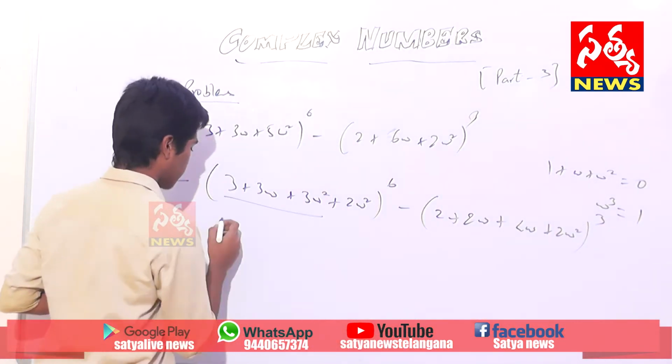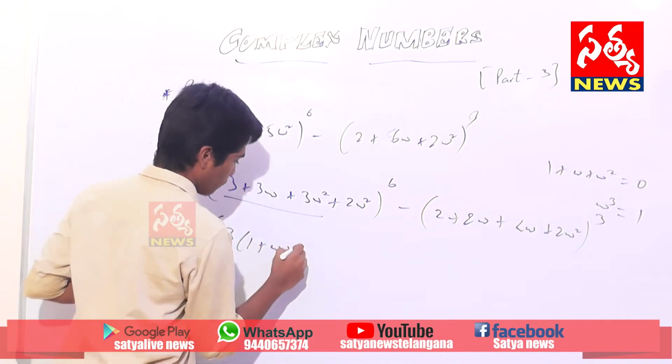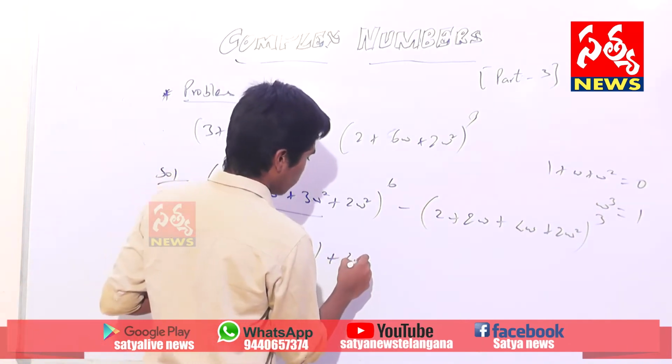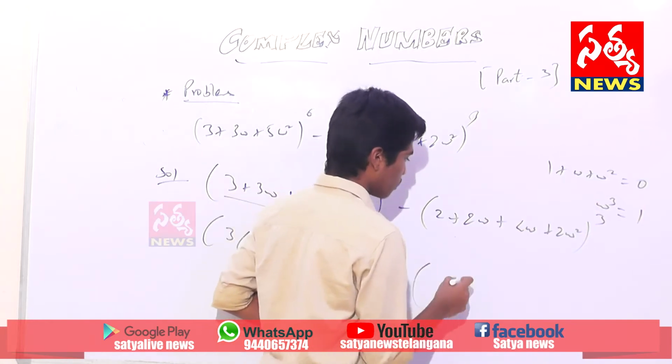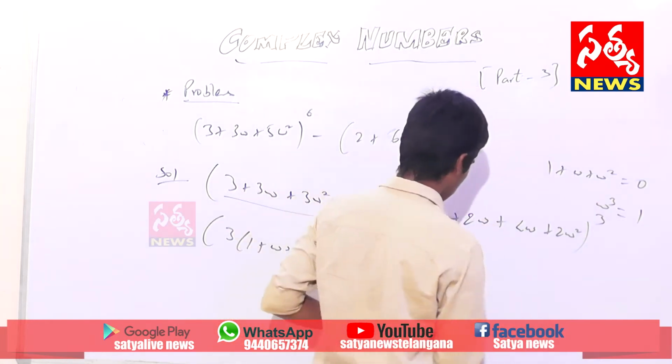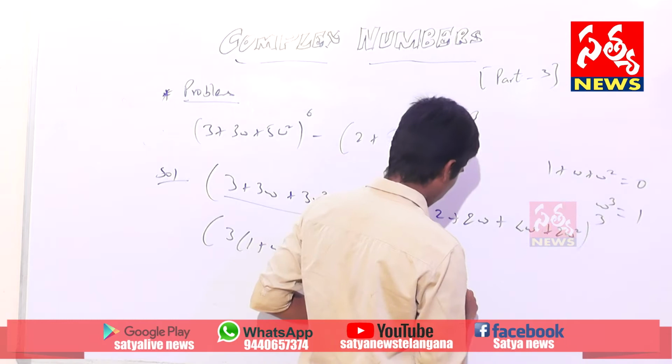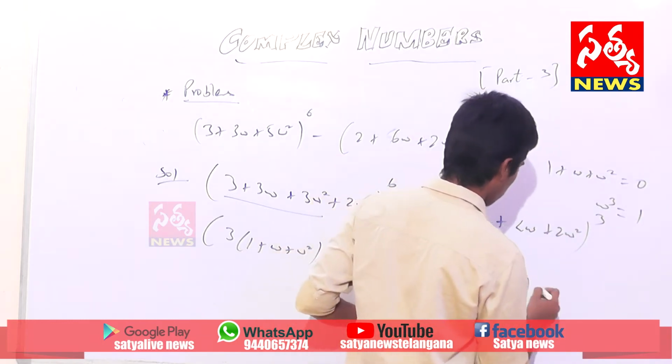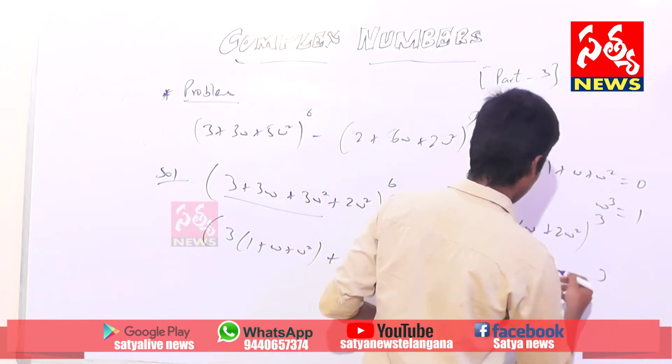Now here, taking 3 common, 3(1 + ω + ω²) + 2ω² whole power 6, and in this I am going to take 2 common, 2(1 + ω + ω²) + 4ω whole cube.